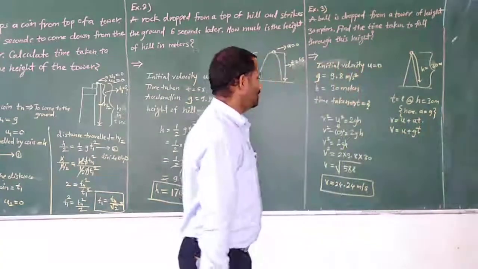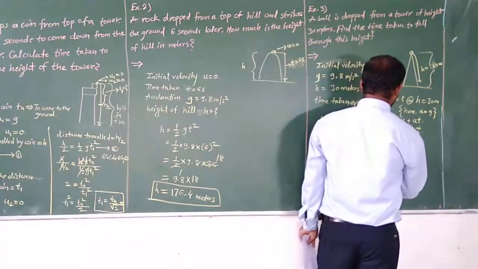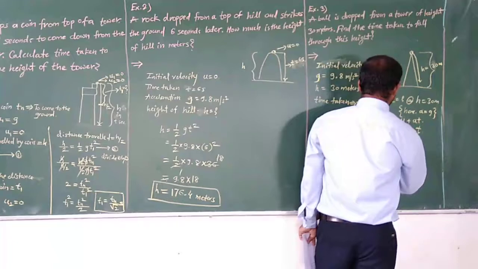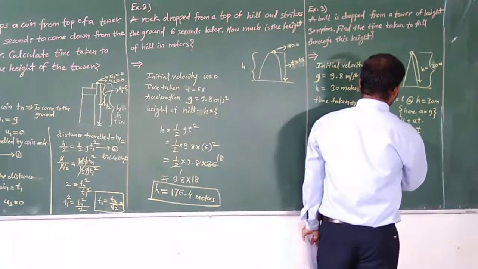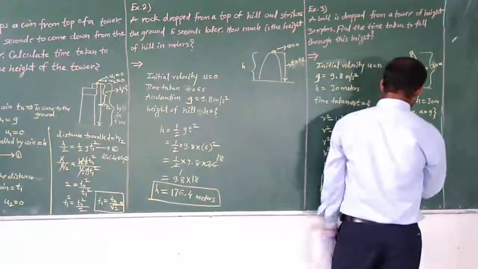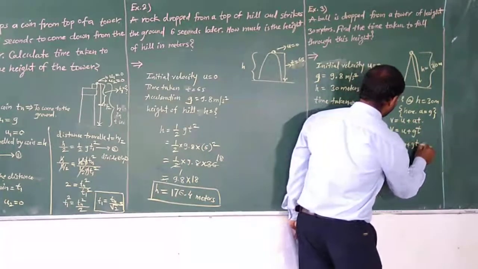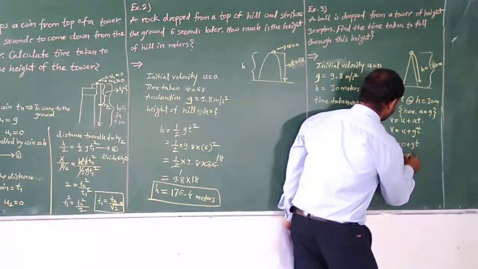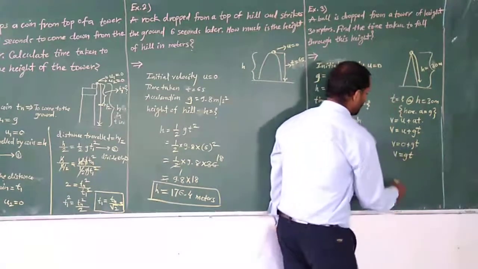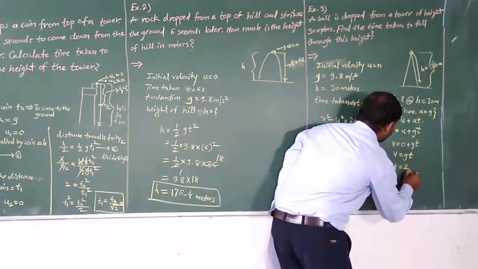We have to find t. u is 0, so v is equal to gt. Then t is equal to v by g.